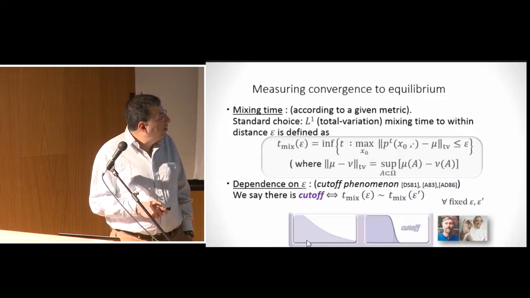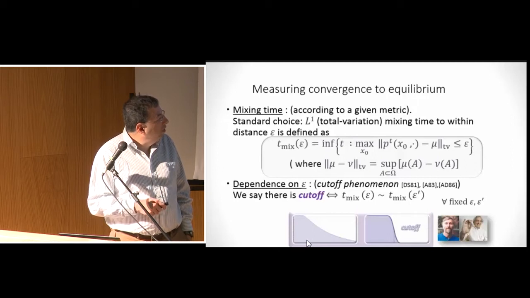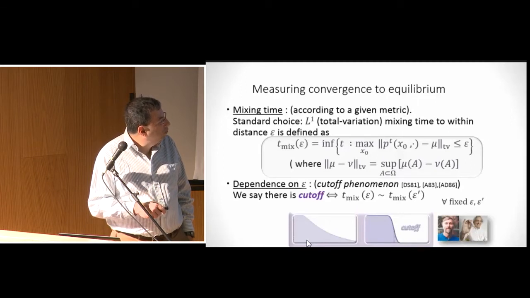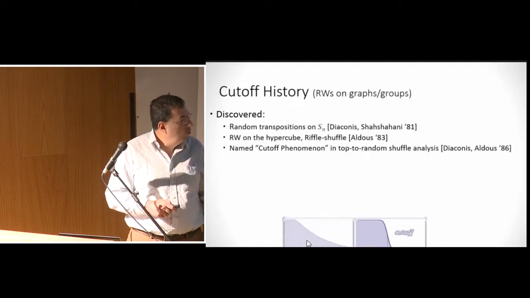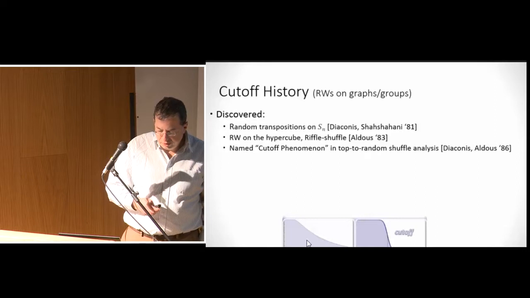But in the cutoff case, it decays faster. You have this kind of rapid decay. So if you look at how long till you got to epsilon or to epsilon prime, these are two times whose ratio is getting close to 1 as we go along the sequence of graphs.